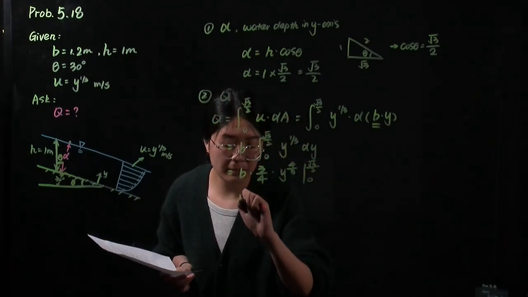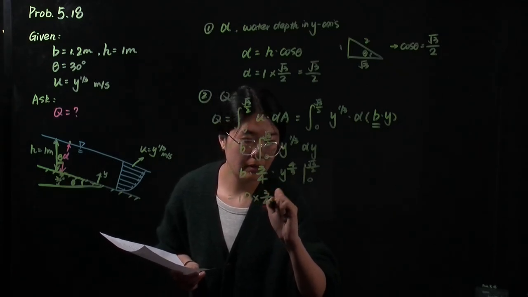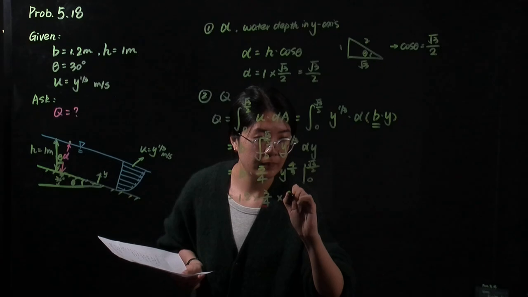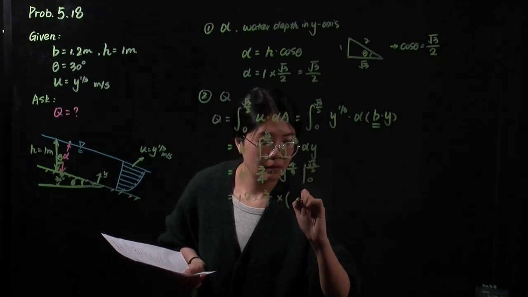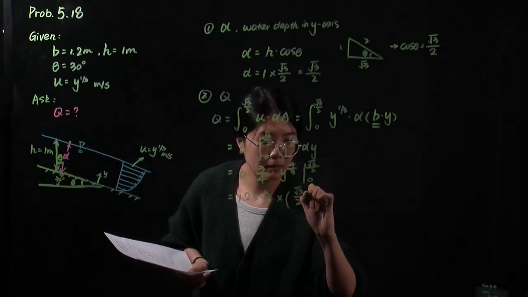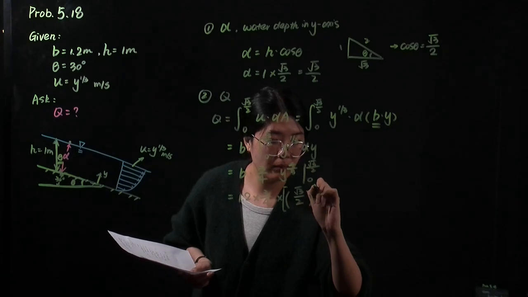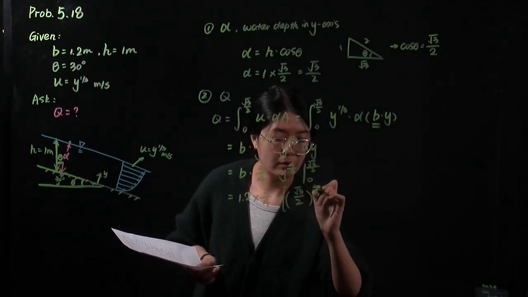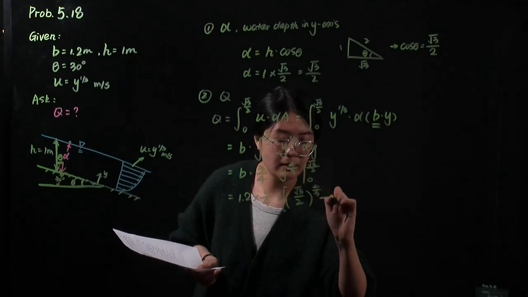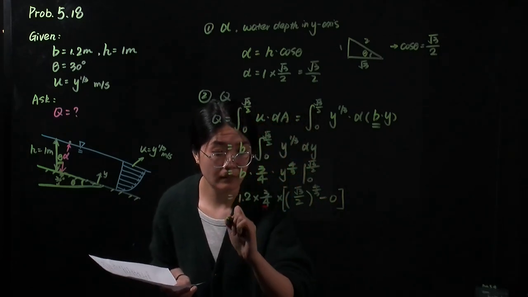B is 1.2 times 3/4 times square root of 3 over 2 to the power of 4/3 minus 0.